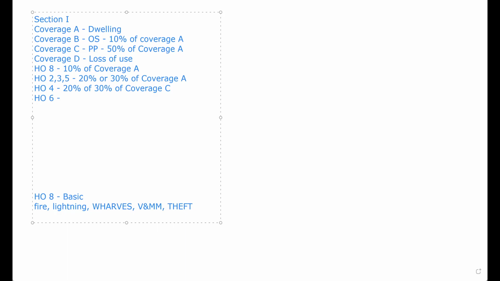So you'll either have 40% or you will have 50%, just depending on what state you're in. And this will be Coverage C as well.